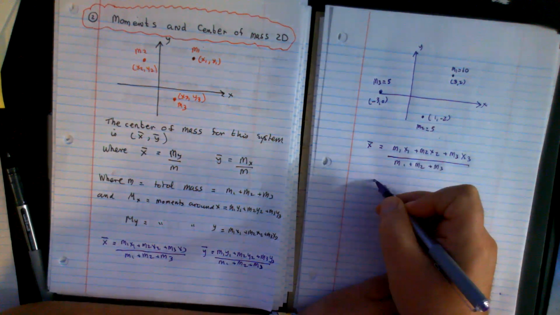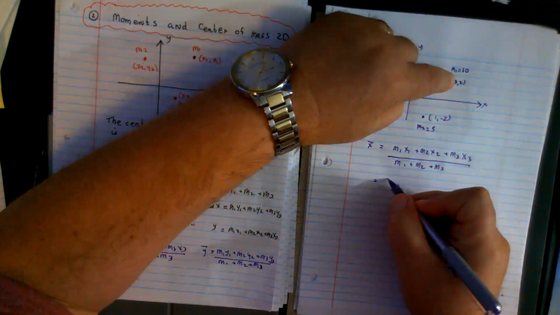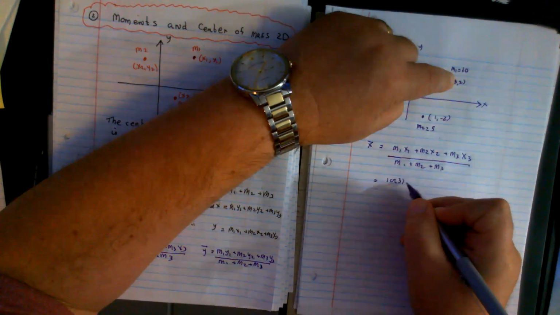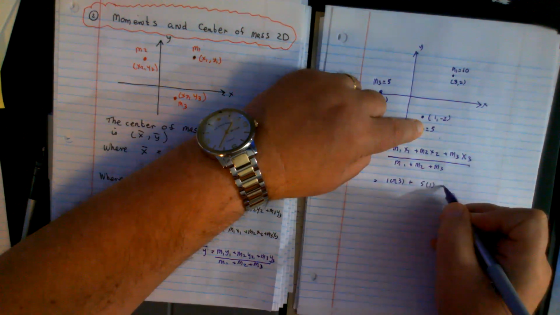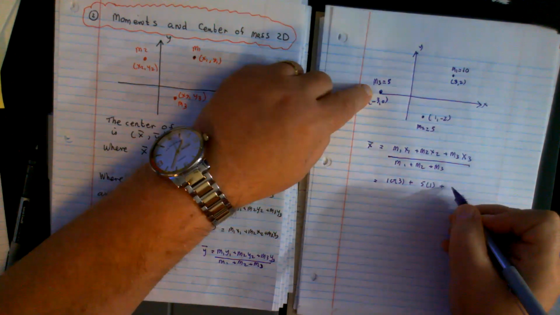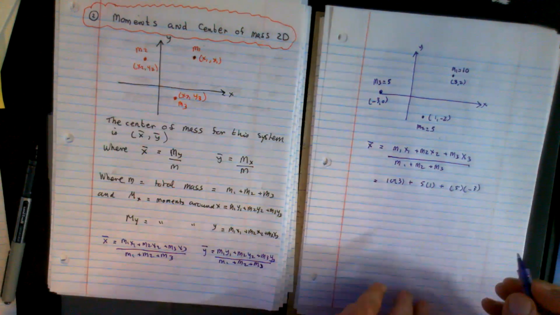And this is going to be 10 times the x coordinate, which is 3, plus 5 times the x coordinate, which is 1, plus 5 times the x coordinate, which is -3.